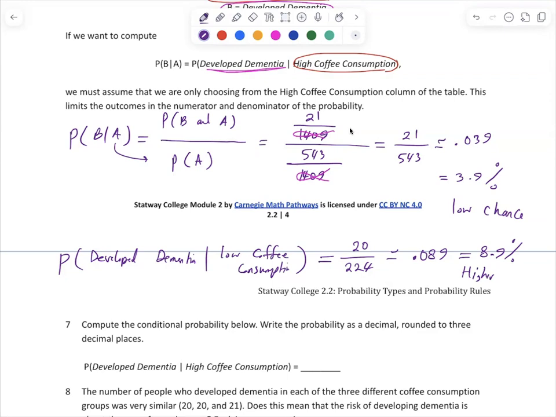So, based on this study alone, we recommend people to drink more coffee, because if you drink more coffee, the probability of developing dementia is lower than when you don't drink coffee.